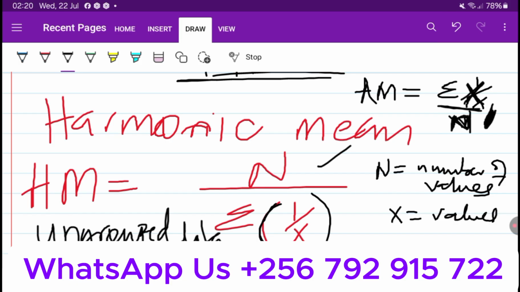For grouped data, we have frequency that is going to be involved. If we have frequency, we just insert the frequency here, and that's it.